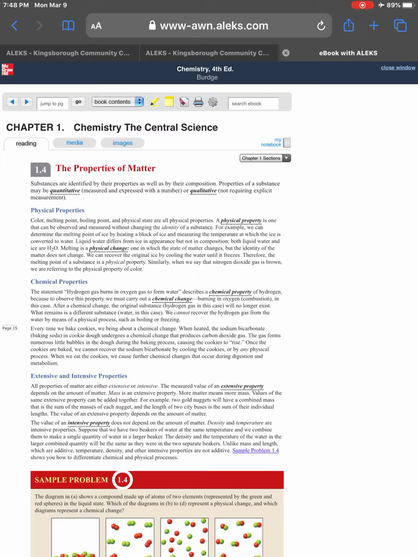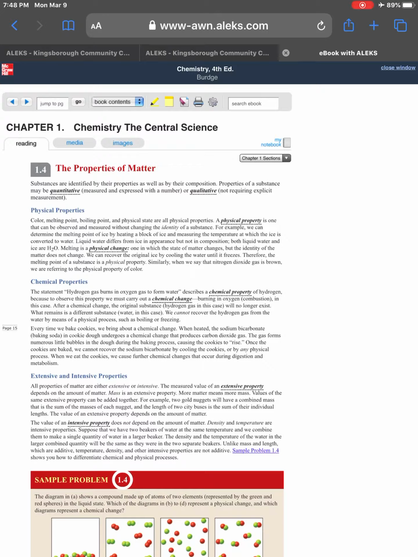Then there are what we call chemical properties. A chemical property is something that we observe that involves chemical change. For example, hydrogen gas reacts with oxygen gas to form water. If we run that reaction in some sort of container, there's a chemical change occurring.